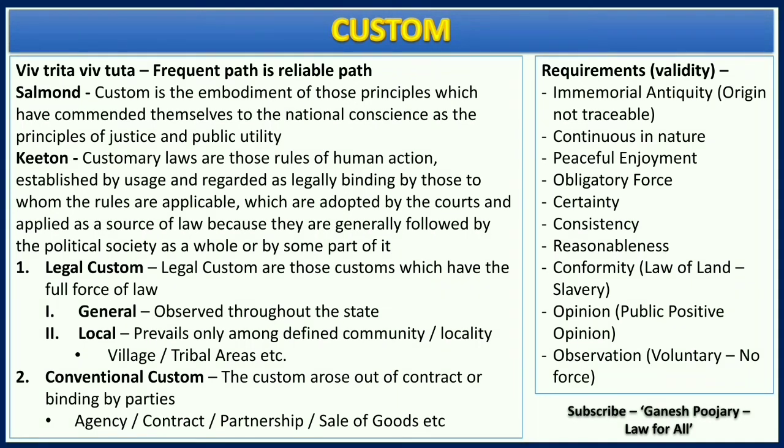The next one is certainty. We need to know how exactly such custom is followed. For example, Saptapadi. We know it is about 7 steps which is taken during marriage. That needs to be very certain, and consistency is one of the most important aspects of a valid custom. If there is no consistency, then it is not a valid custom. It should be reasonable, that is very important, and it should be in conformity with the law of the land.